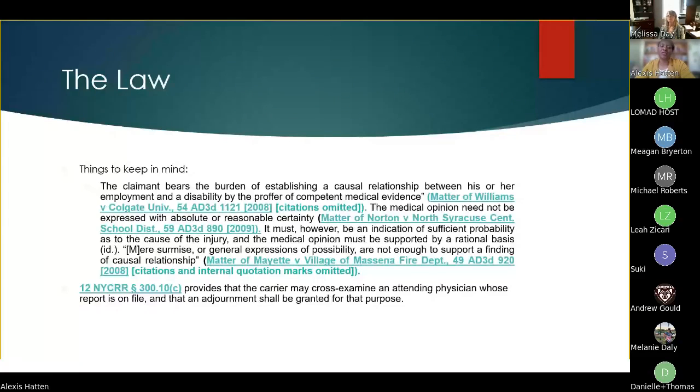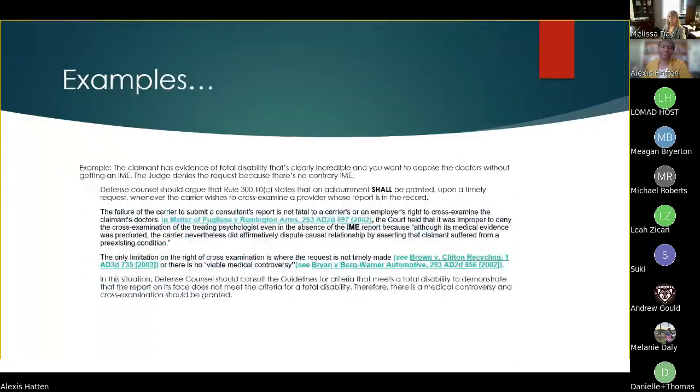And then the other thing is that Rule 300.10C provides that the carrier may cross-examine any attending physician whose report is on file, and that an adjournment shall be, not may be, it shall be granted for that purpose. So where you have instances where the claimant's not meeting the burden of proof and you want to cross-examine that provider, Rule 300.10C should permit you to do that.